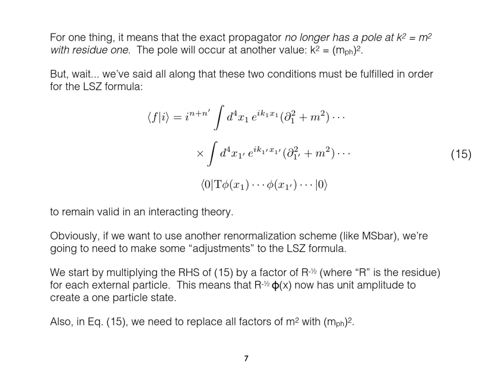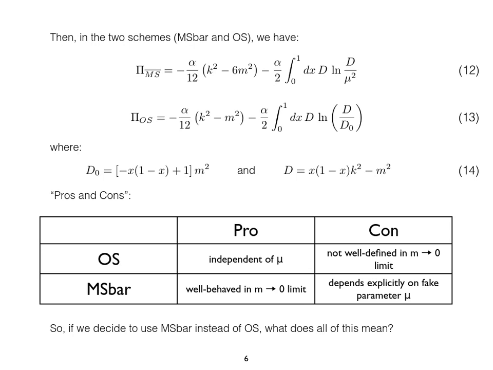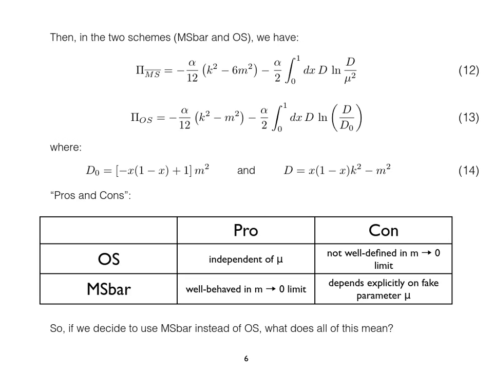All right, so let's see what happens. Okay, so we're in the massless limit. We've set A and B to just cancel off the poles.